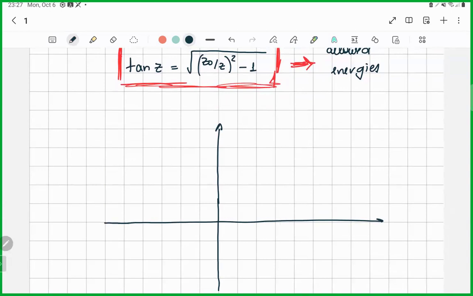So the left side is a tangent. We know that tangent, let's remind ourselves, is sine divided by cosine.